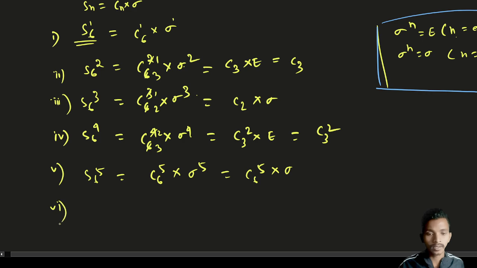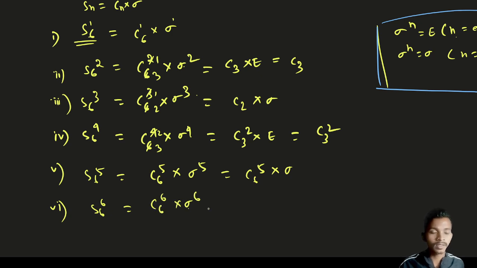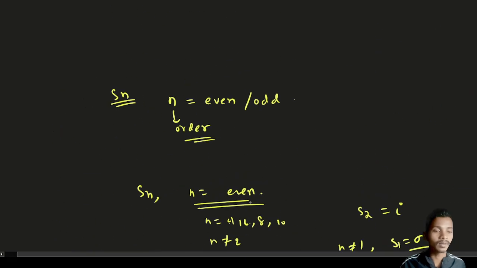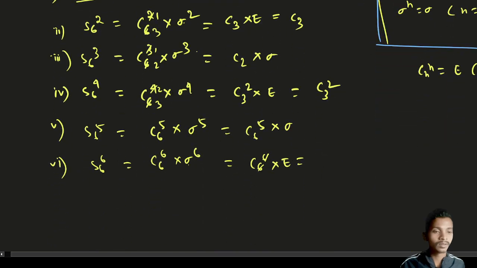Now let's discuss S6 6, so this is even, then this is E, so C6 6 into E, that is equal to 1 1, that is equal to E, because we know Cn n is E, whether n is odd or even. So this is going to become E.